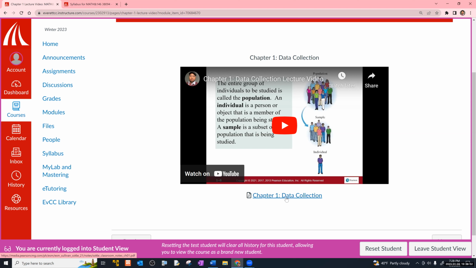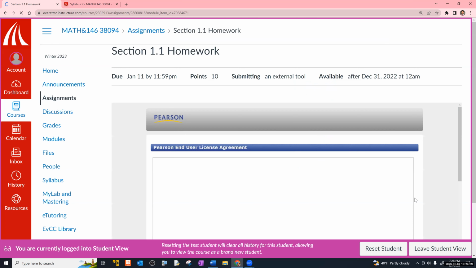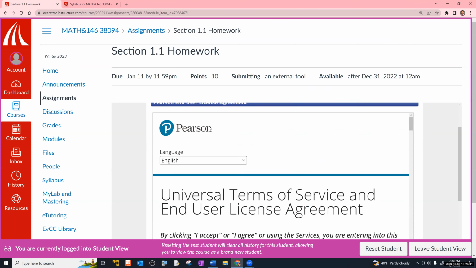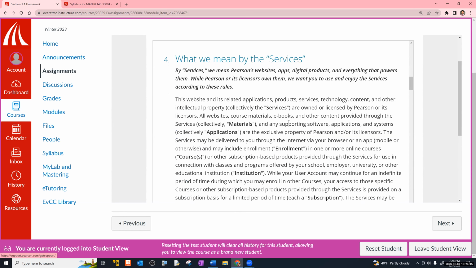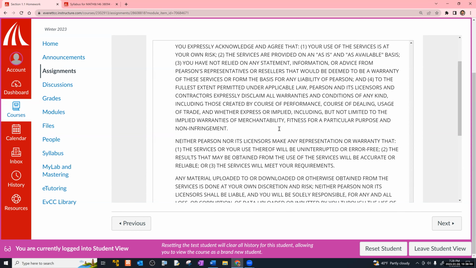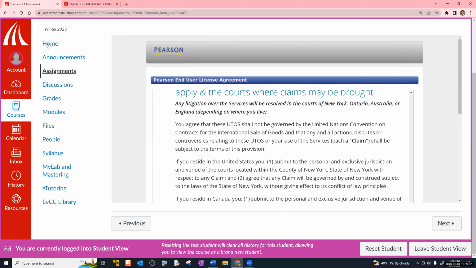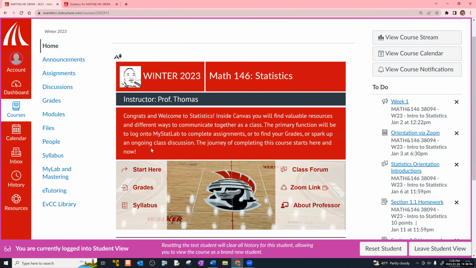So you already have notes, okay? Now, if you click next again, it's going to take you to the homework problems. Obviously, you have to sign up first. And once you sign up, you can begin to work on the homework problems. So that's kind of how it flows.